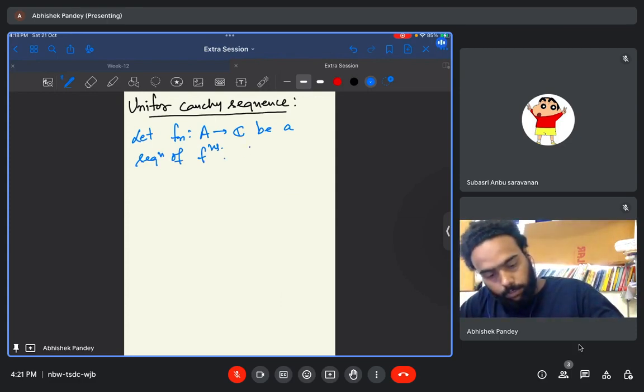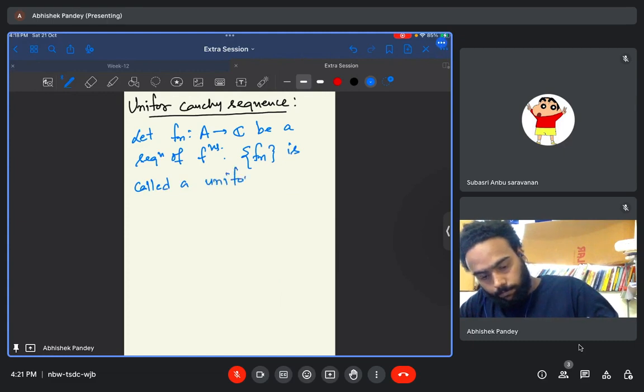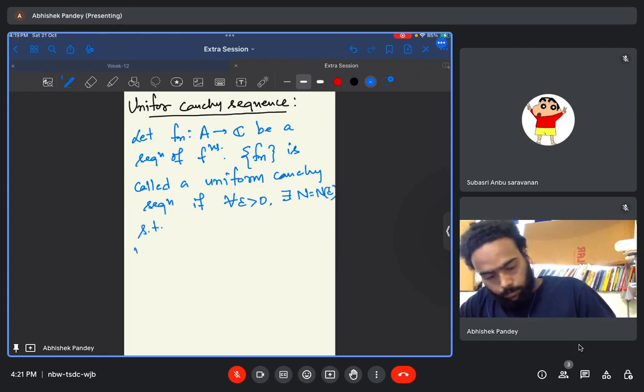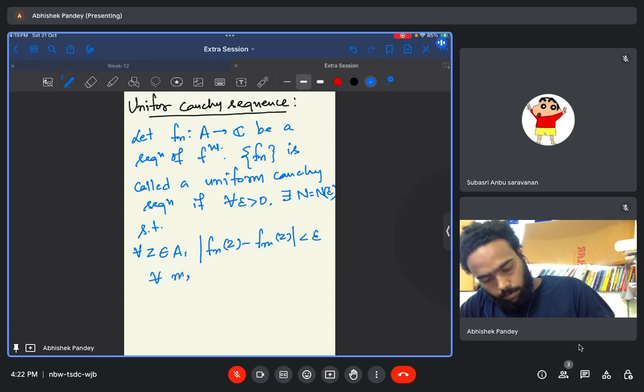The sequence fn is called a uniform Cauchy sequence if for every epsilon greater than 0 there exists N, which depends only upon epsilon, such that for every z belonging to A we have |fm(z) minus fn(z)| less than epsilon for all m, n greater than or equal to N.